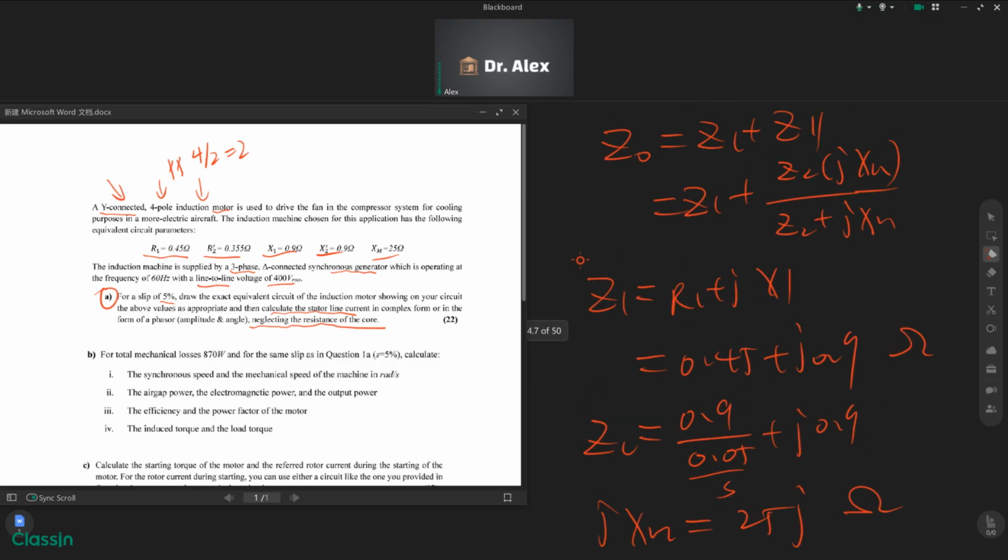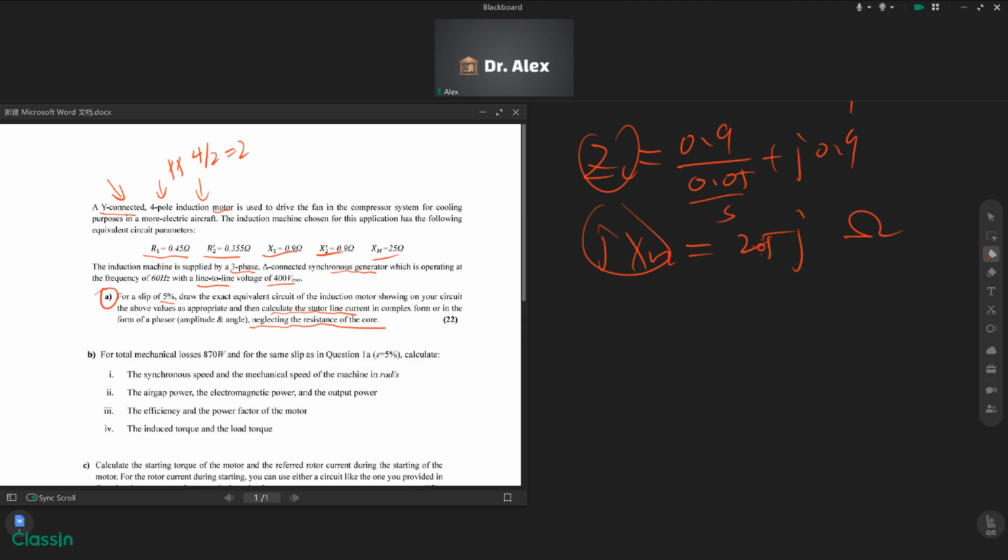So we just put all these numerical values into the equation. I just skip over the calculation part. After some calculation, we can get the value of Z0, which is 6.6 plus j3.46 ohm.